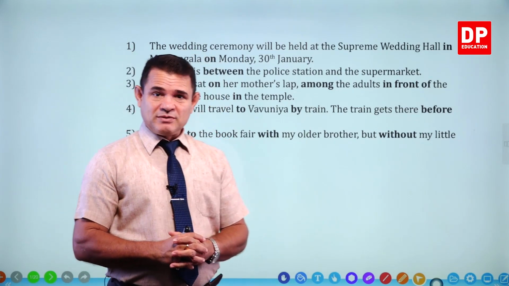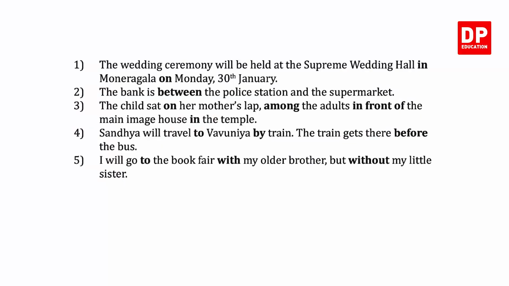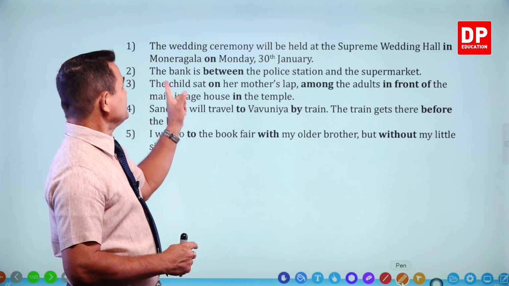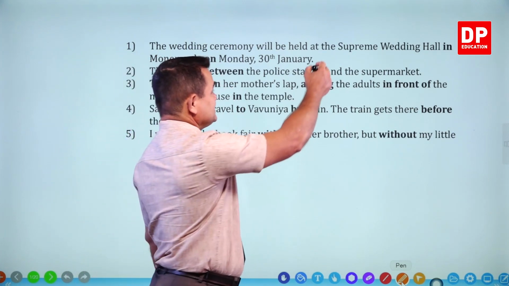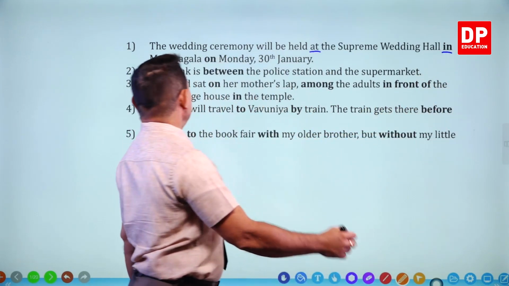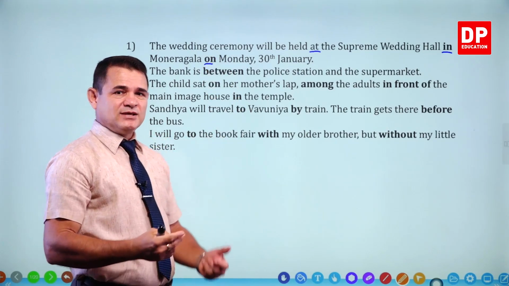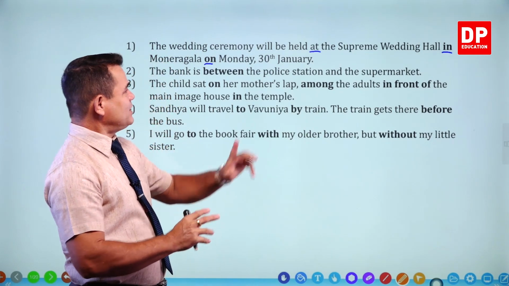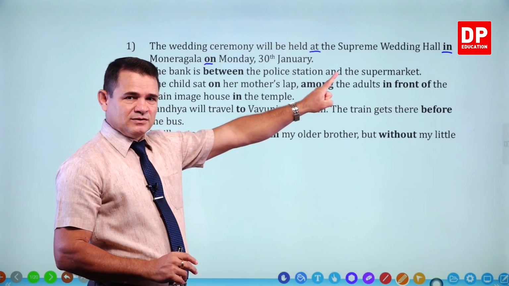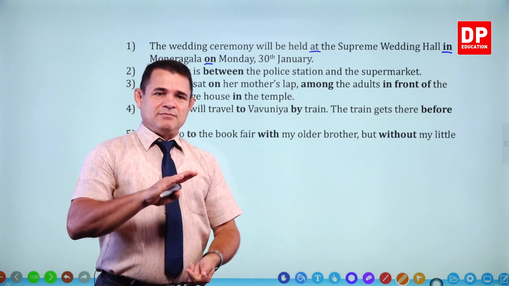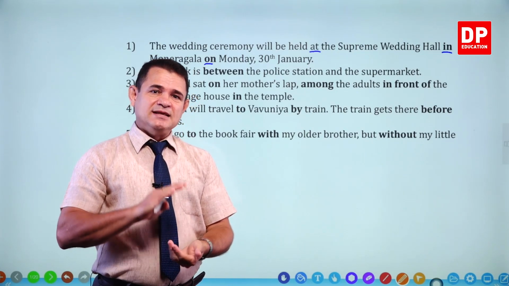Now can you remember we started with this one, and reading these sentences we learned these prepositions. The wedding ceremony will be held at, and also here in, and on. Now as you followed the previous video well, you understand how these were used. So though we hear on, we know that it means on top of something, that is the direct meaning.